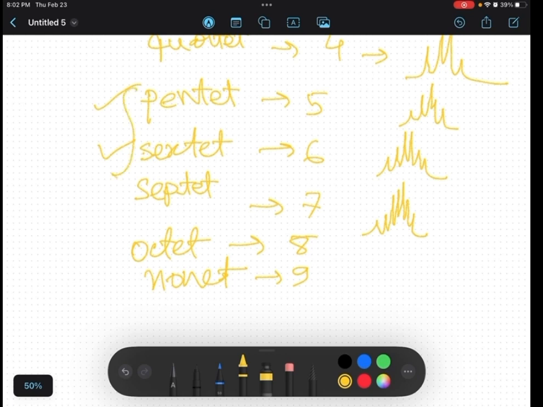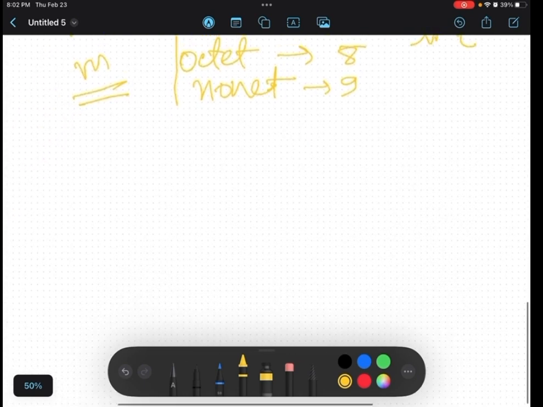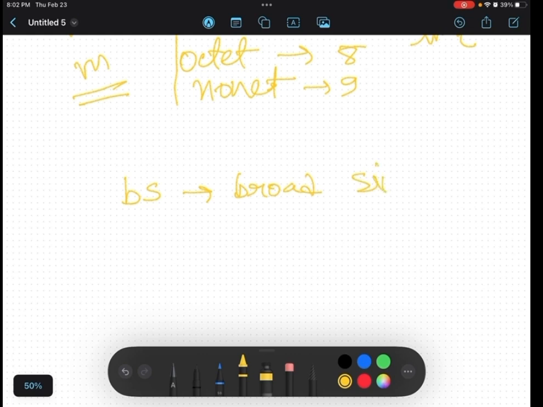Normally after the quartet, only in very rare cases do people mention pentet, sextet, or septet. In many cases those are termed a multiplet. What is it called? Multiplet. In short, it shows as M. In proton NMR, in some cases people show BS, like broad singlet; in many cases you see a broad singlet.